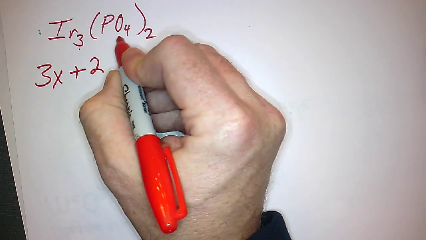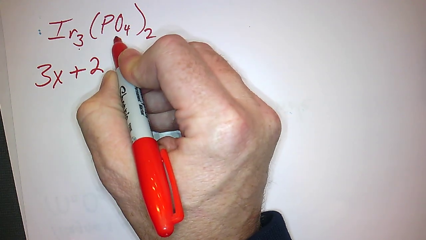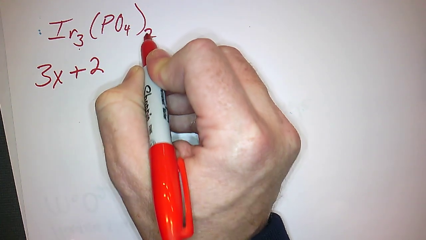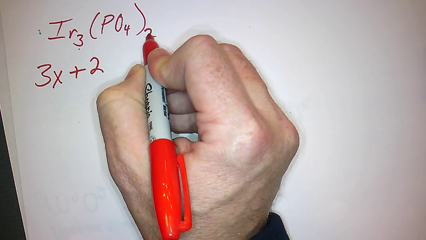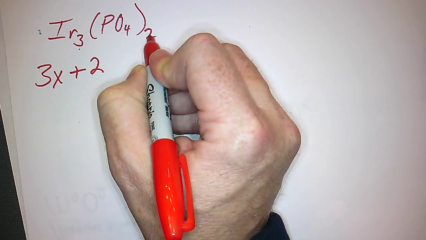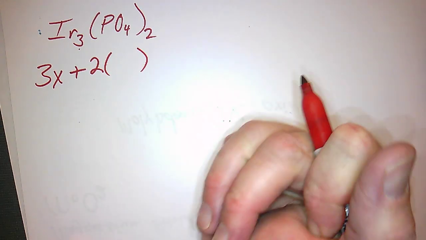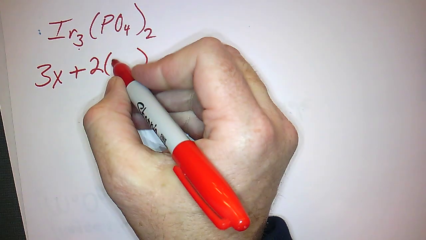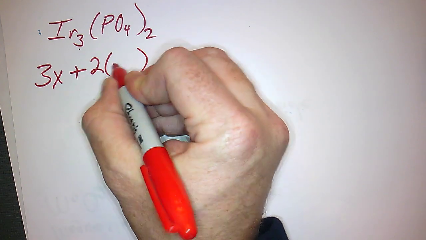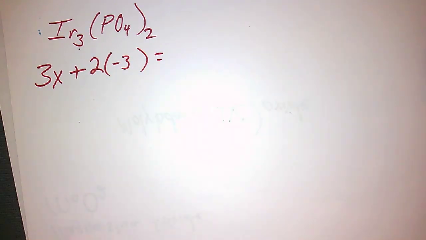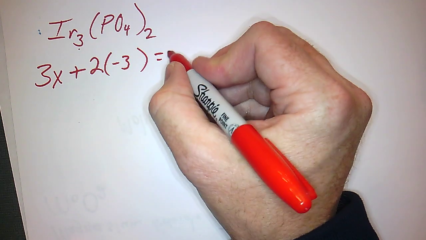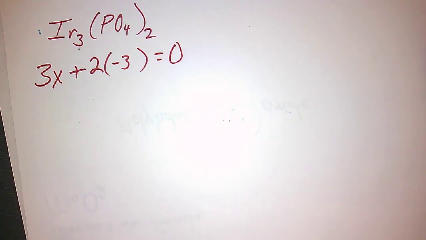Because we've got a polyatomic ion, we take the number that's outside the polyatomic ion, so 2 times the charge for the polyatomic ion. So we look up PO4. What's its charge? Negative 3. Good job. And what's the whole thing equal? 0, because the whole compound has to be neutral.